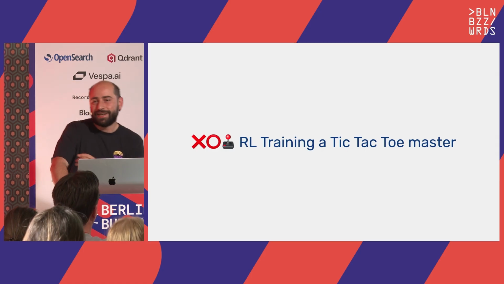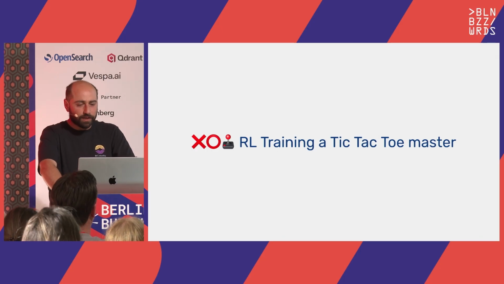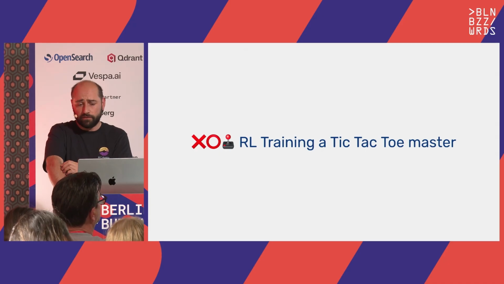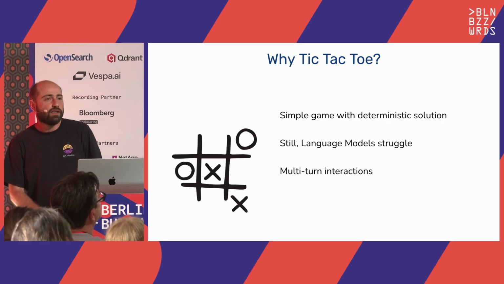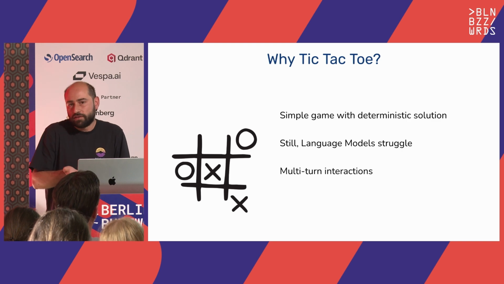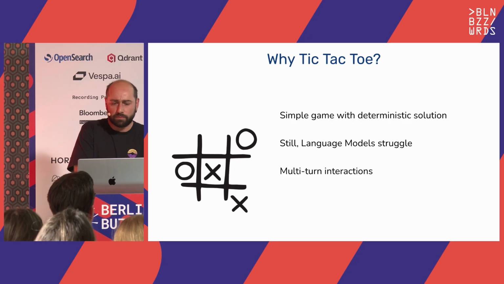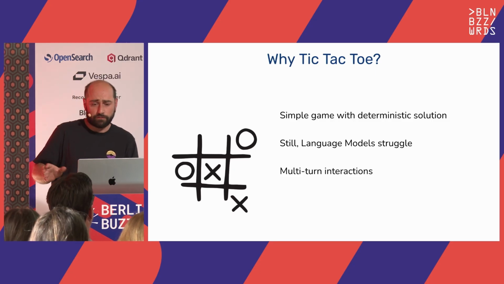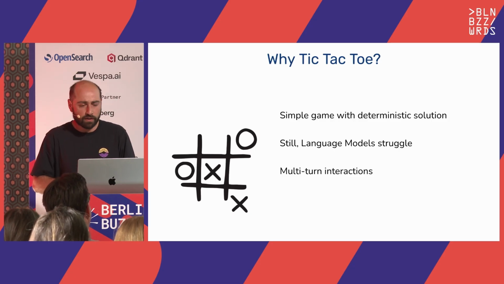And now, finally, I want to guide you through my small experiment. In this case, I took a small model and used a reinforcement learning environment to make it play tic-tac-toe. So why? This is a simple task, apparently, because it's a simple game with a deterministic solution and a small state space. Still, language models struggle. Also, some frontier models are not perfect tic-tac-toe players.